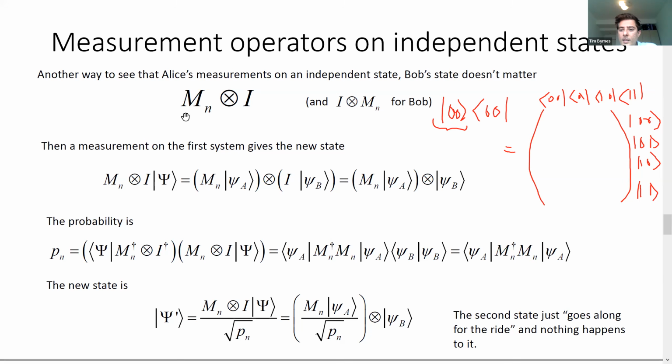The bras are the conjugate vectors, so they are the horizontal ones. This is a combination of a ket and a bra, and if you have such a term, then implicitly there's a factor of 1 here.